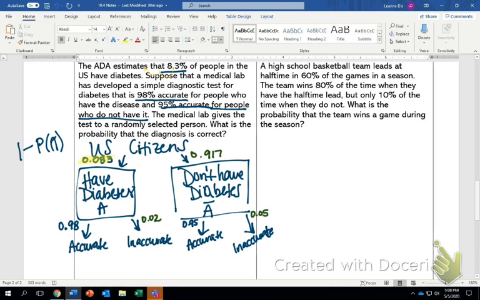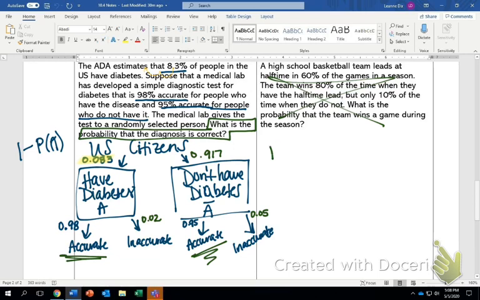So all I've done is create this tree diagram. I'm going to use the area off to the side here, so we'll cross that out for a second, and figure out what is the probability that the diagnosis is correct. The issue is that I have accurate or correct information on both sides, which is a little annoying, but it's still possible to find.